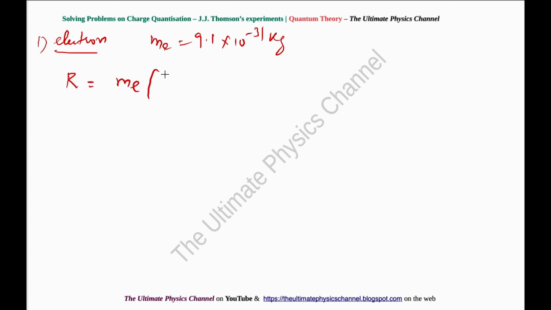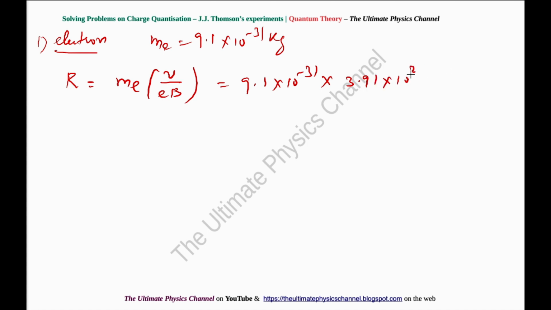Right. So first let's take the case of the electron. The mass is 9.1 × 10^-31 kg. So the radius of curvature R is mass times V over eB, right? And therefore 9.1 × 10^-31 times that value we have obtained as 3.91 × 10^25.